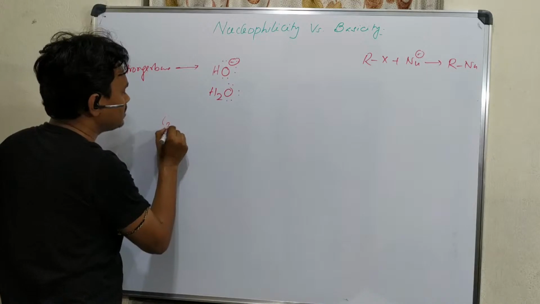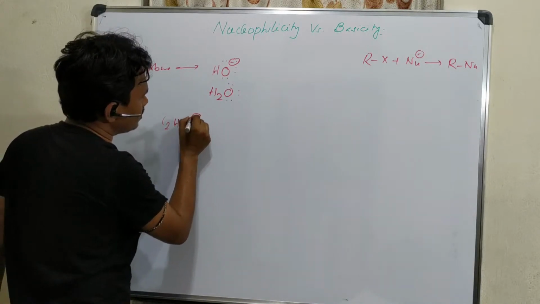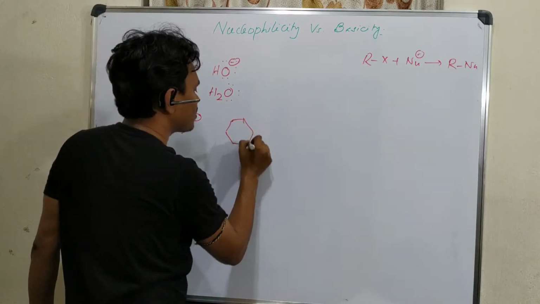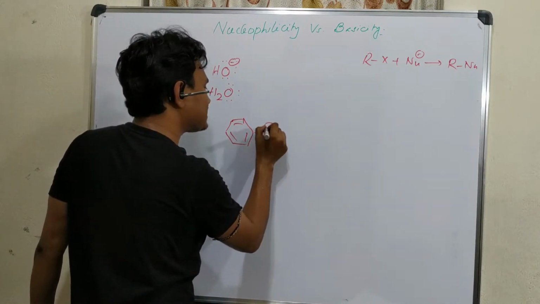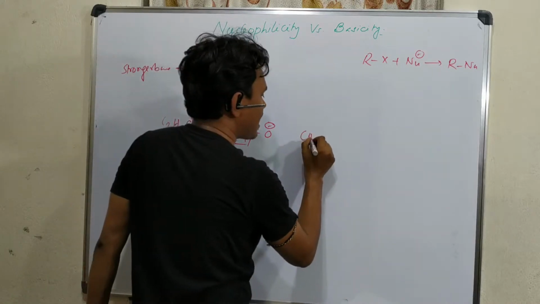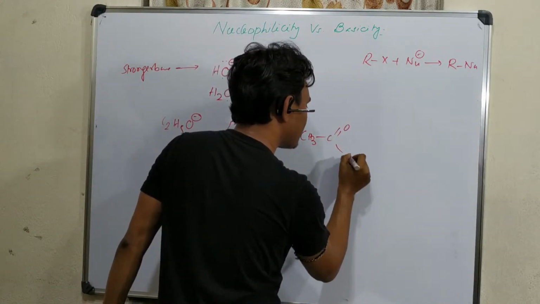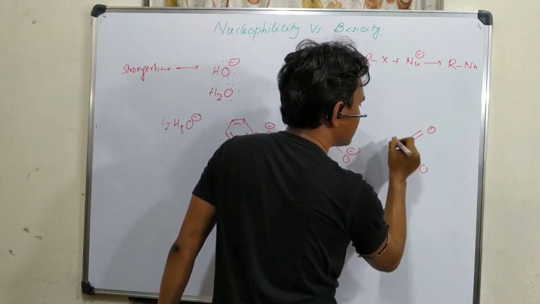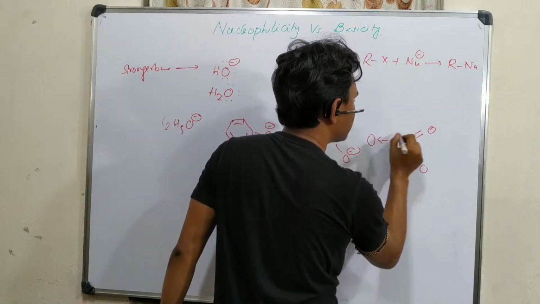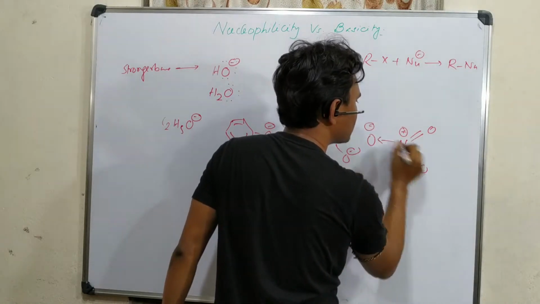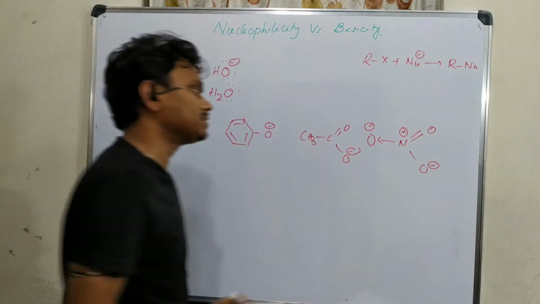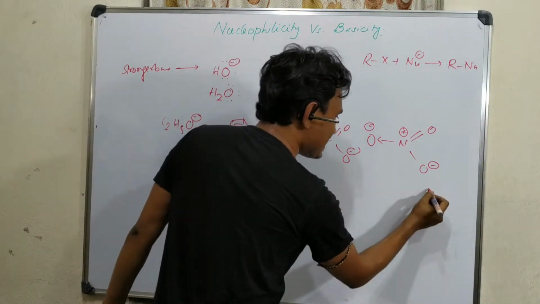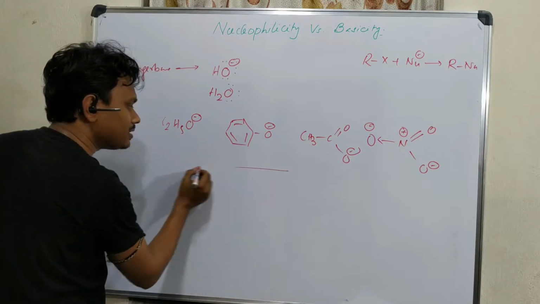What do I mean? Take ethoxide anion, phenoxide anion, acetate anion, and nitrate anion. Here the basicity is less on this side, and basicity is more on this side.